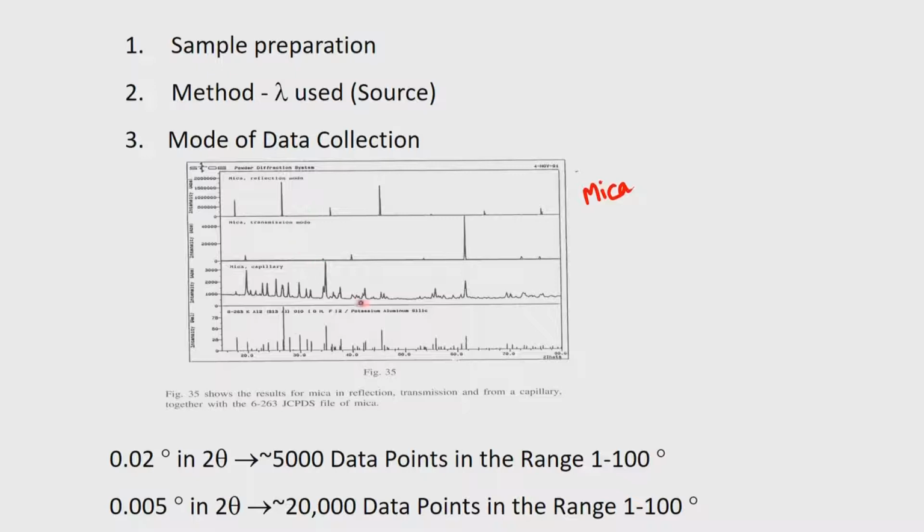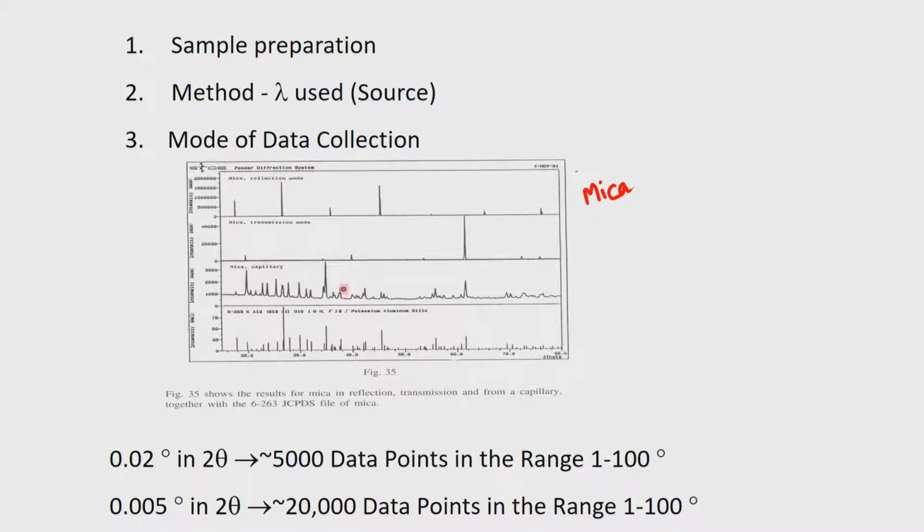The entry in the database for mica is given below, and you see that for every point here there is a corresponding HKL. So, this is the calculated pattern for mica. You can solve the structure of mica by growing a single crystal and then determining the possible HKL positions.